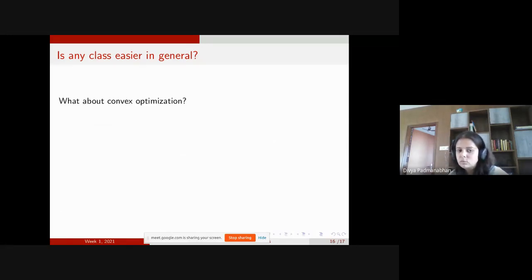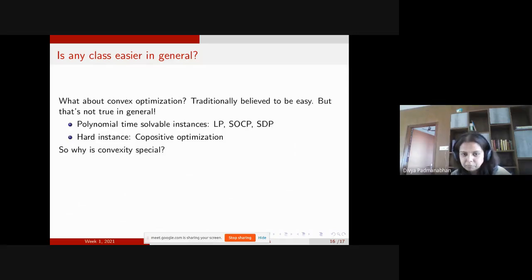Now, another thing I want to say is about convex optimization. There's a lot of talk that if the problem is convex, it's easy. We will cover some aspects of convex optimization too in this course. It's traditionally believed to be easy, but really that's not the case. Here too, there are easy and hard instances. So why is convex optimization special?